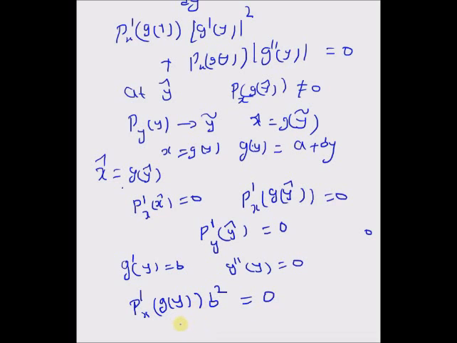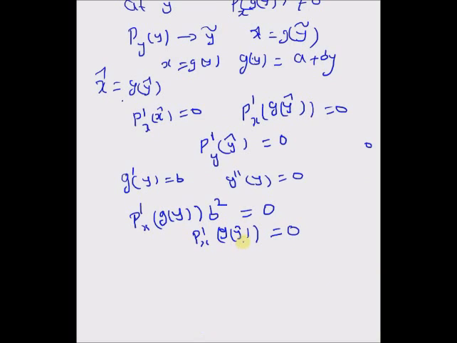Hence, at y equal to y hat, we have px dash of g of y hat, that is the derivative of the probability density function, equal to 0 at the peak value g of y hat. Hence, for a linear transformation, the mean value can be determined by using the original transformation on the mean of the random variable y.